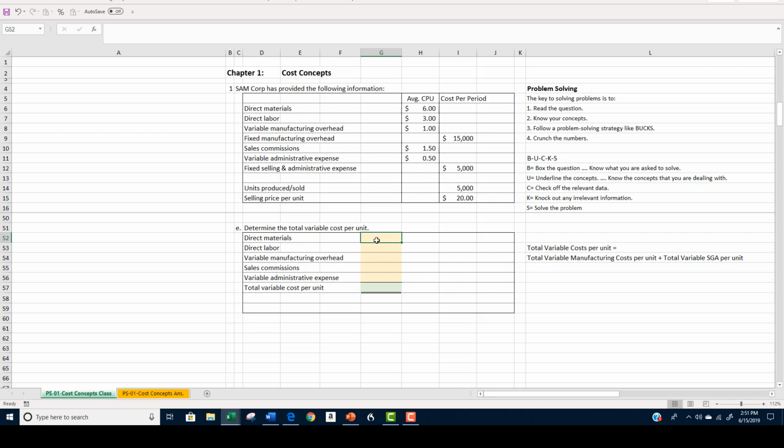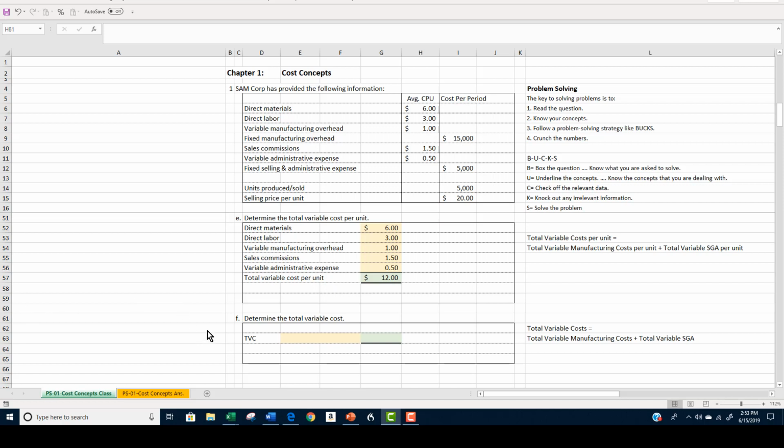Summing the direct materials cost of $6 per unit, the direct labor cost of $3 per unit, variable manufacturing overhead of $1 per unit, sales commissions of $1.50 per unit, and variable administrative expense of 50 cents per unit gives us total variable cost per unit of $12.